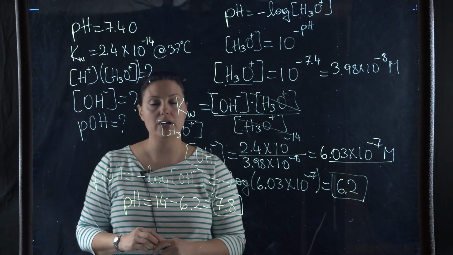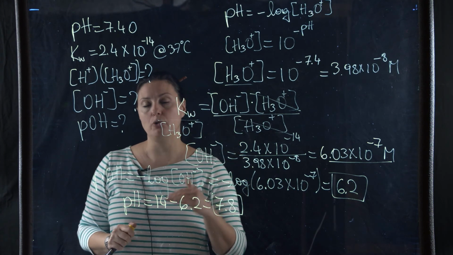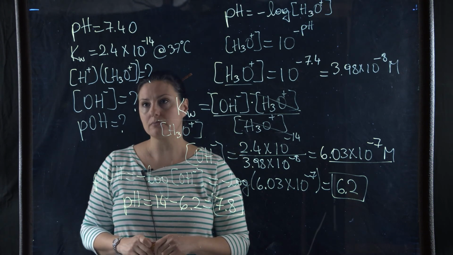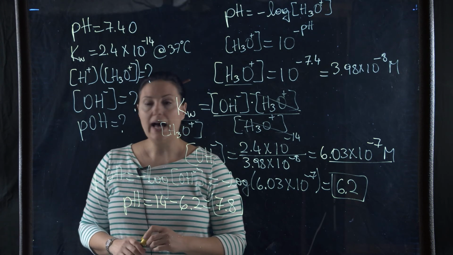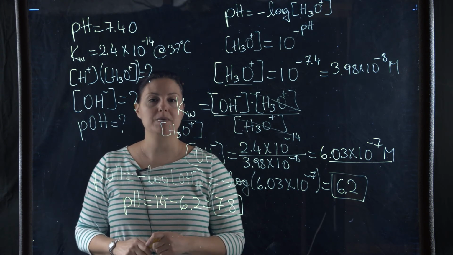Okay, it's a little bit on the basic side because it's a little above the neutral pH, which is 7. Okay, I will once again erase this and we'll move on to the problems in the next slide.